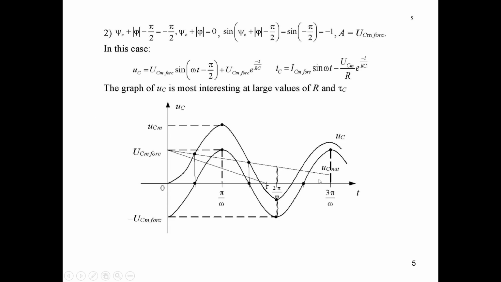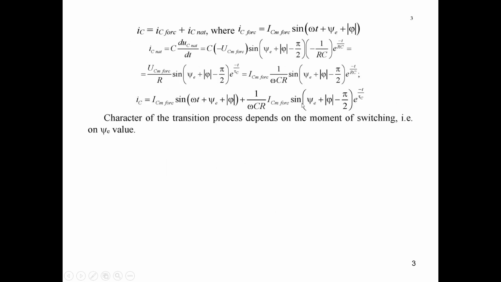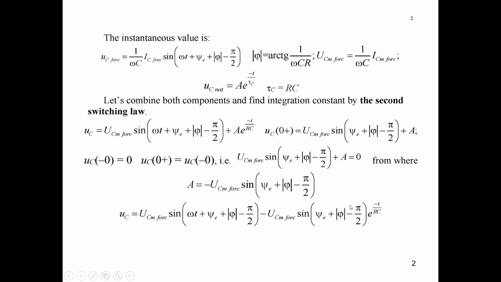Okay, let's consider the worst case, when under this sinusoidal sign we will have 90 degrees, and therefore the maximum level of the sinusoidal function is +1 or -1.